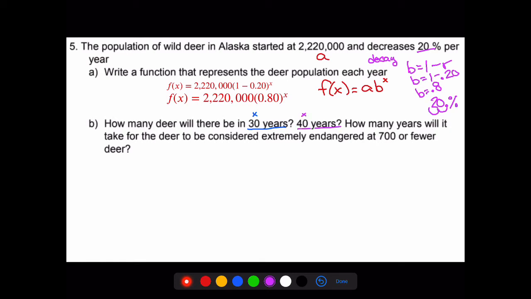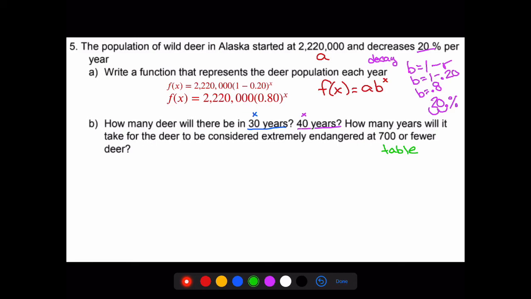I solve for y. And then how many years will it take for the deer to be considered extremely endangered at 700 or fewer deer? Now, for this section, I highly suggest that you use the table function on your calculator. If you recall the table function on your calculator, it'll be extremely useful for you guys to use. If that doesn't work, just do a guess and check.